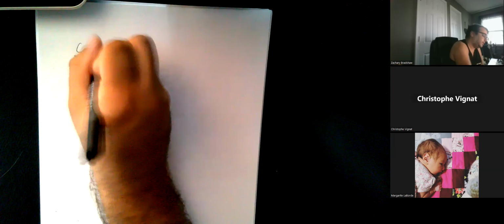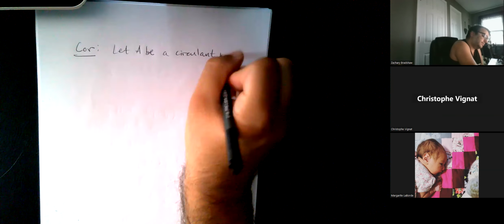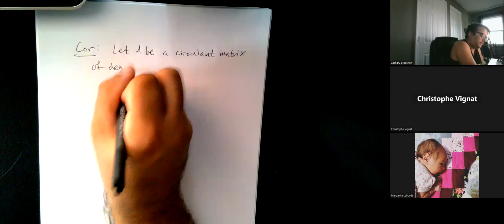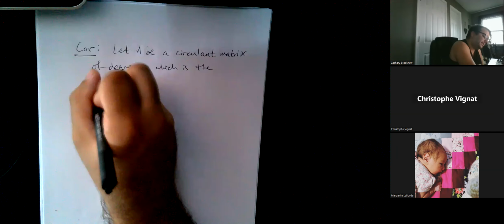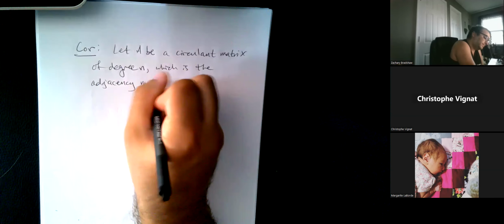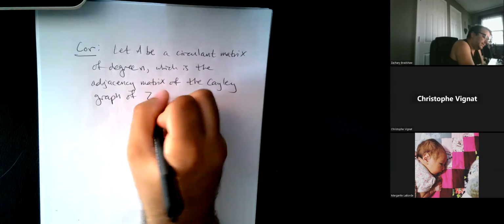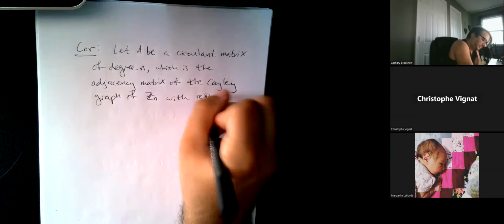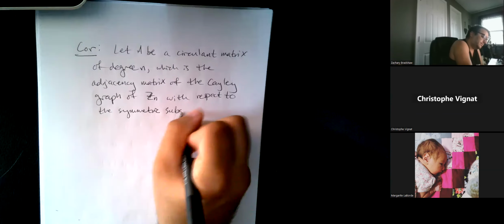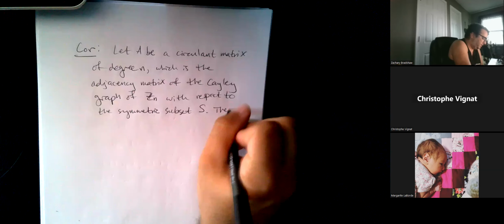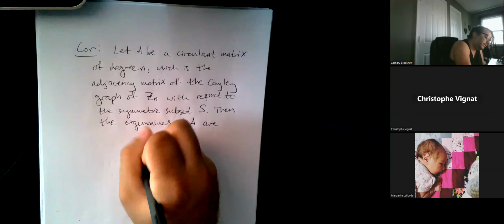And a corollary of this is, if A is a circulant matrix of degree n, which is the adjacency matrix of the Cayley graph of Zn with respect to the symmetric subset S, then the eigenvalues of A are lambda k.